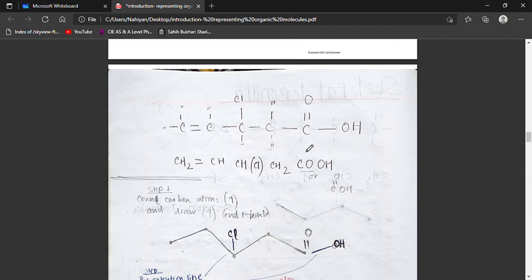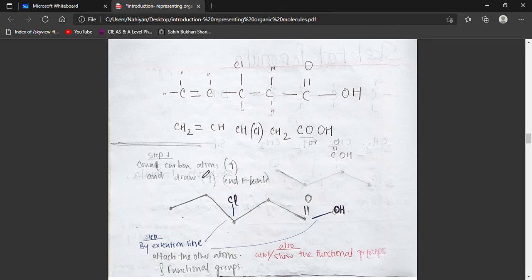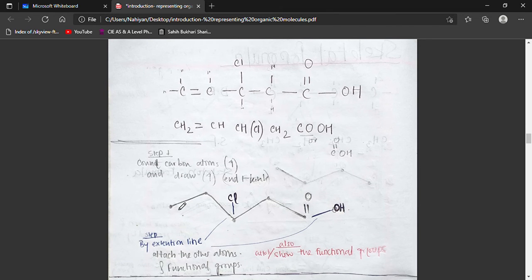Moving on, we have two carbons which are double bonded. To represent this, one corner represents one carbon, and another carbon is in the kink. So this is a carbon, this is a carbon, and there is another carbon, the third carbon, which is connected to the Cl.